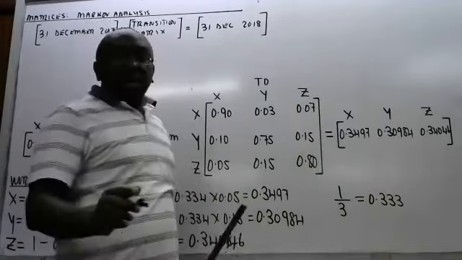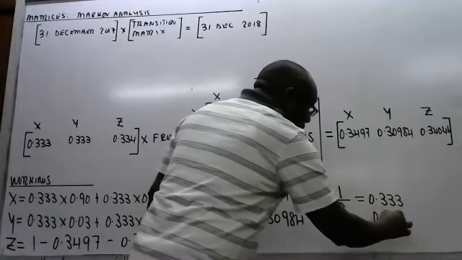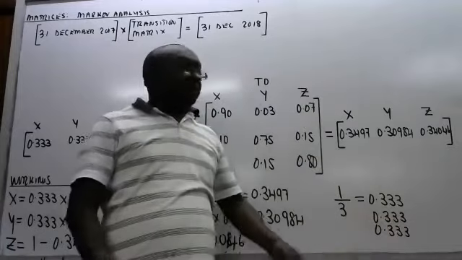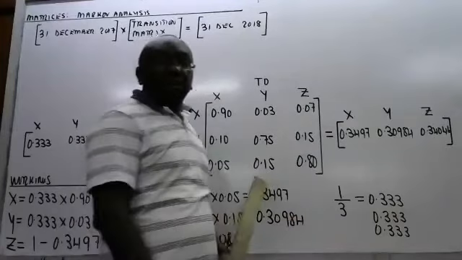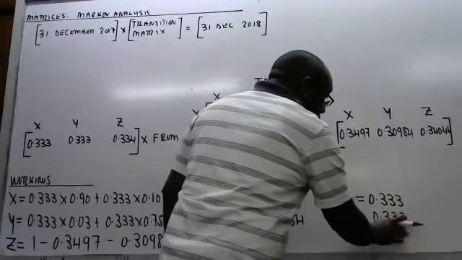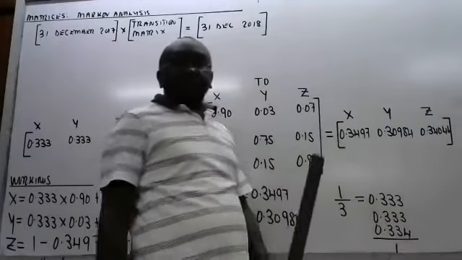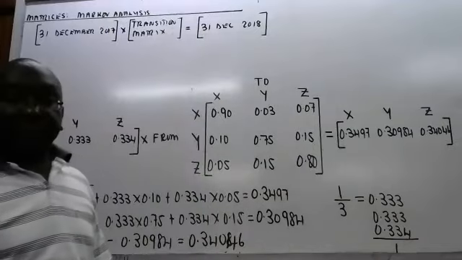But because they must add to 1, if you give them this, they will not add to 1. So the last one, we adjust. That's why we make it 0.34, so that they add back to 1. So that is how we arrived at those figures.